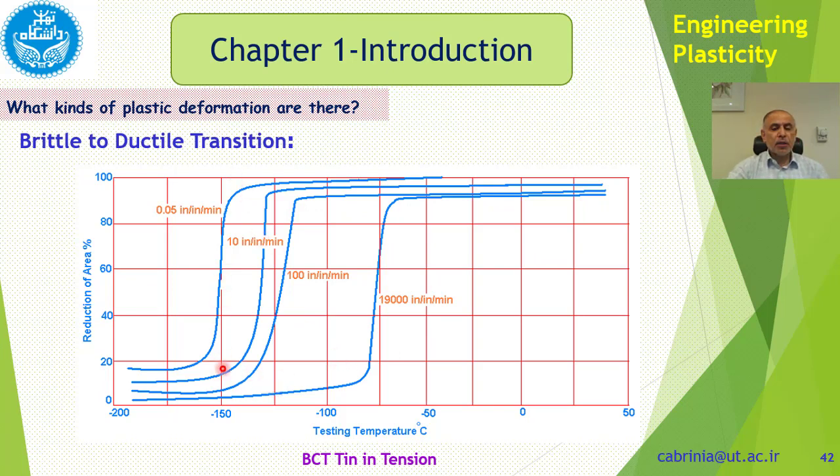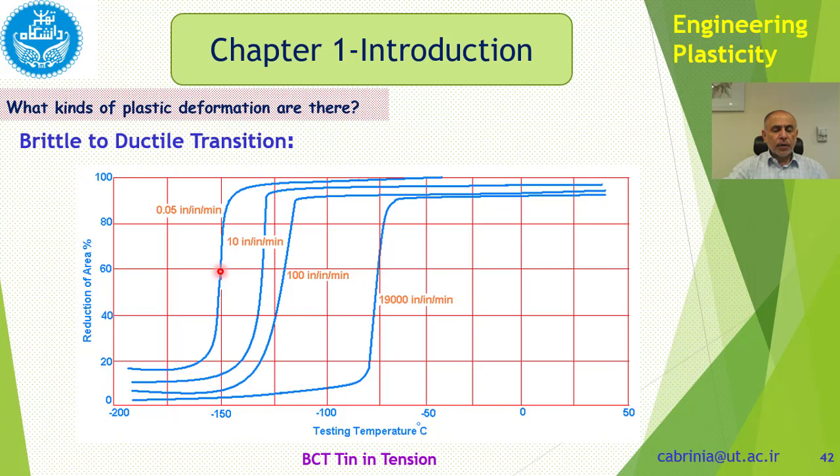This transition temperature is very important because, for instance, some materials have these transition temperatures. If you use them in a structure functioning in an area with various or cold temperatures, and the structure made from this material functions at 150, then it suddenly changes its ductility.